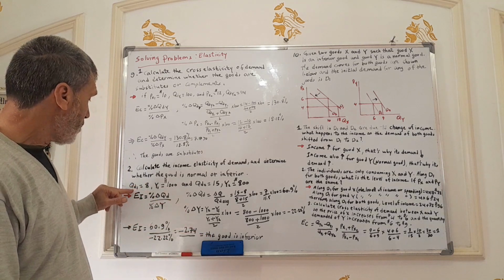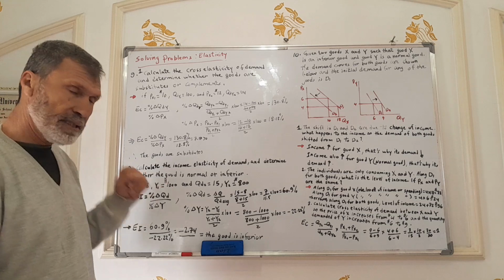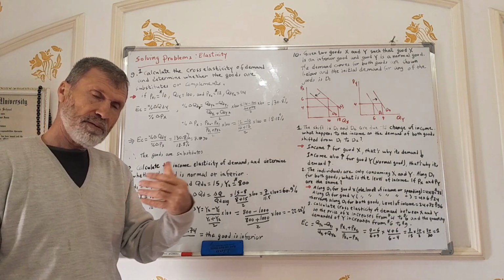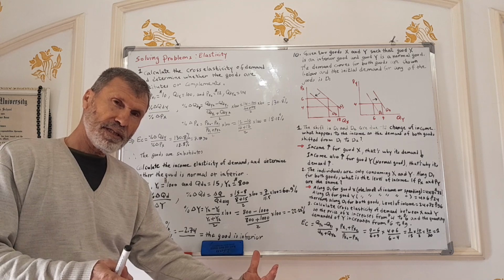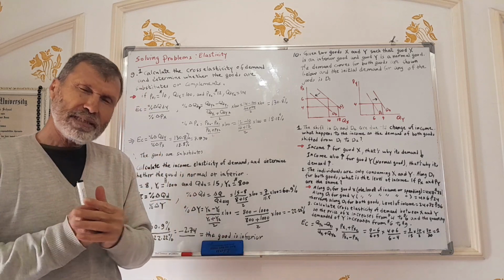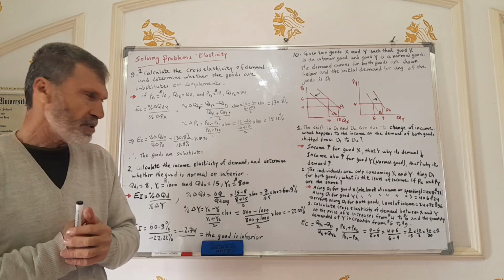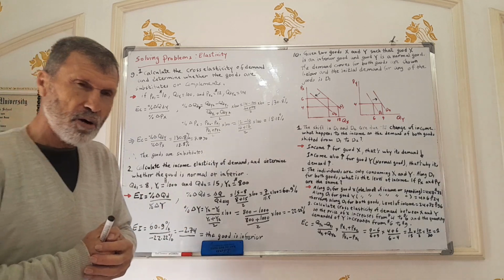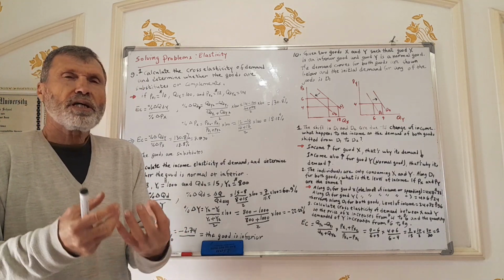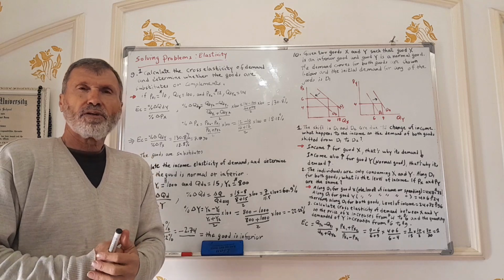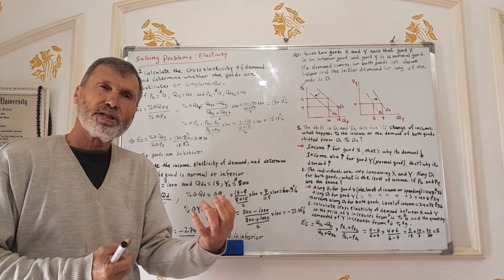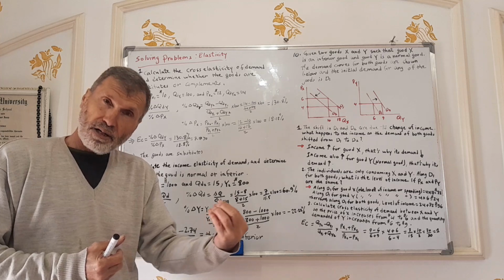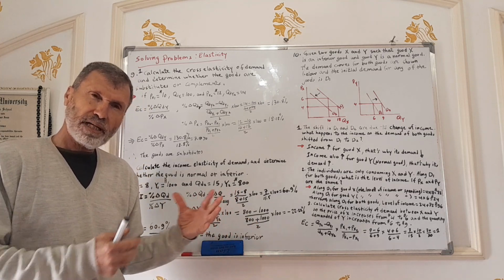However, the quantity demanded increased, okay? When income decreased and the quantity demanded of the good increased, that means implicitly that the good is inferior. Why? Because when your income decreases, you tend to purchase the goods that are cheaper, the goods that are inferior. So this is an inferior good.